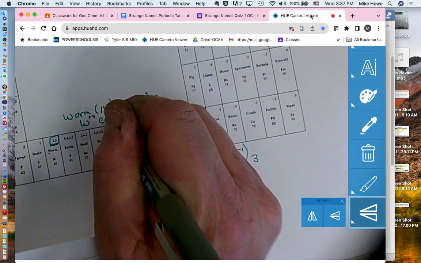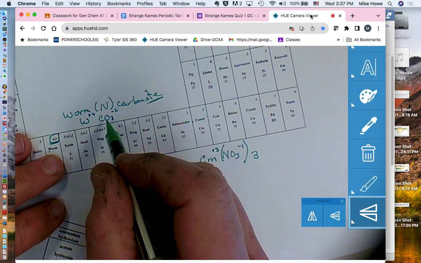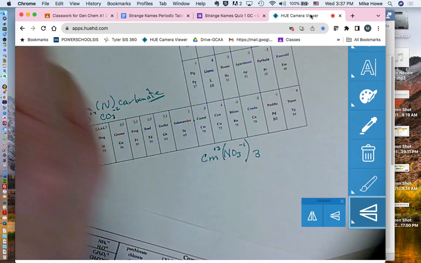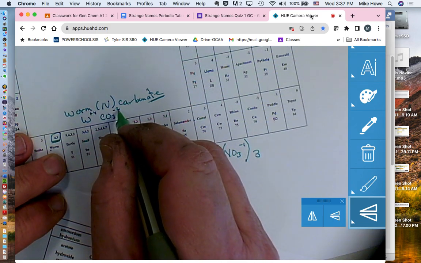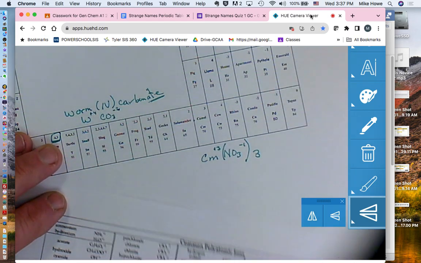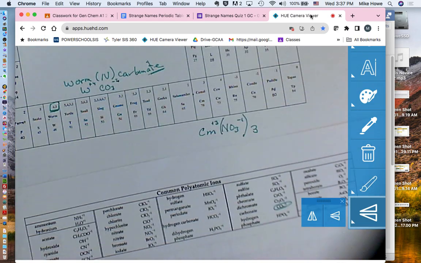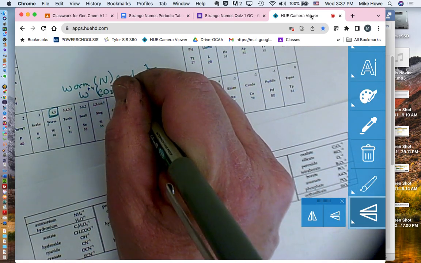CO3, -2. So now, is 4 equal to 2? No. So what do we have to do? We have to make the 2's equal to 4. So how many 2's does it take to equal that 4? Well, 2 times 2 is 4, right? So we need 2 of this group. Again, since it's one of these on the back side, or the bottom, depending on what table you have, put parentheses around it and put a 2 outside.